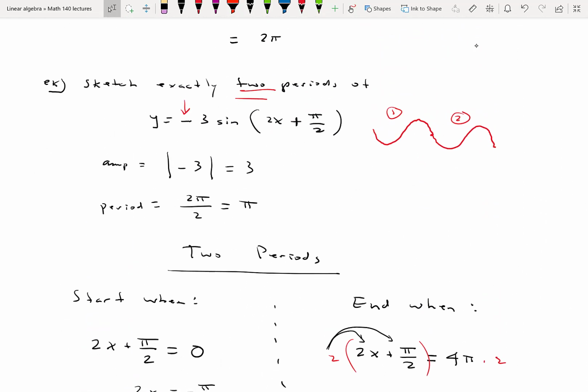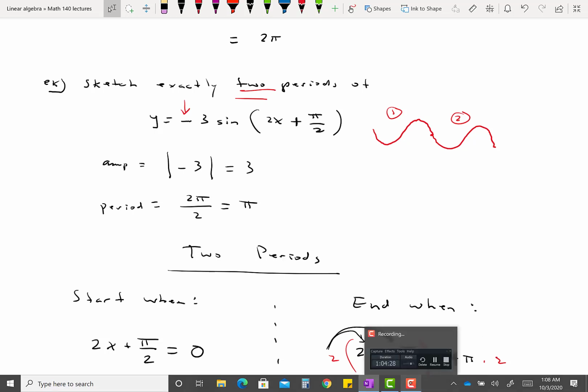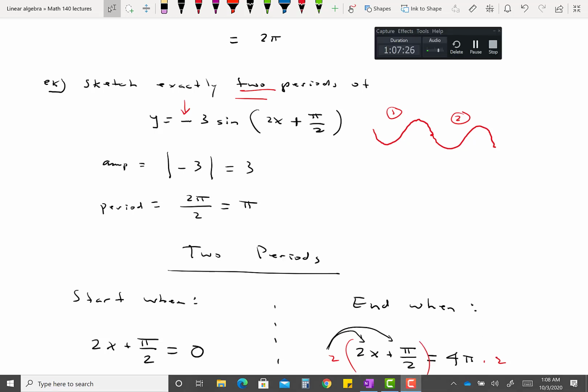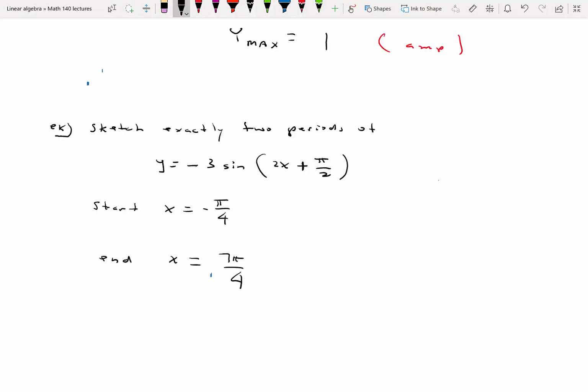So here's the last problem we did by hand. Sketch exactly 2 periods of this, and I'm going to add to the directions: using a graphing calculator.